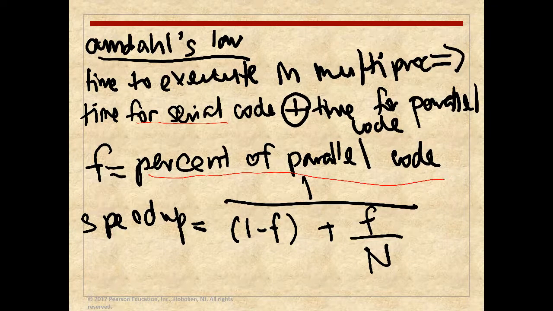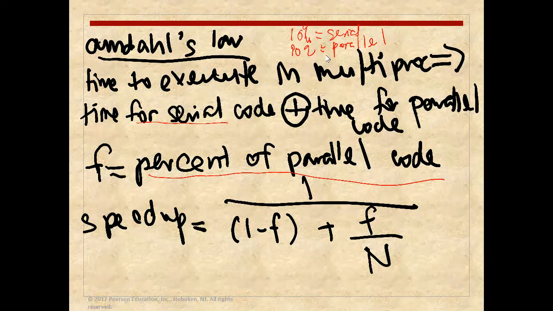So for example, in a program, if 10% of your program is serial and 90% of your program is parallel, then F is equal to the percent of the parallel code, which means 90%. So how do we calculate speed up?